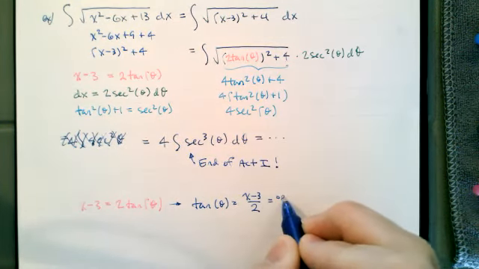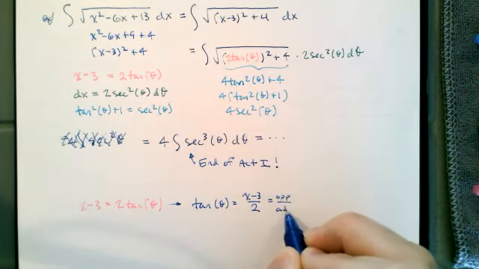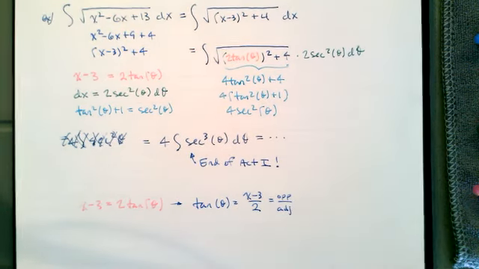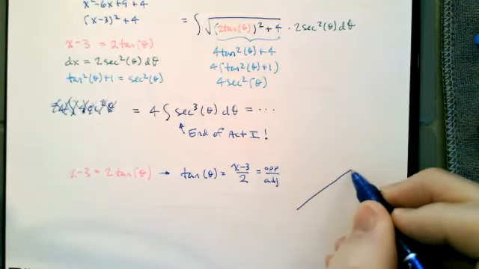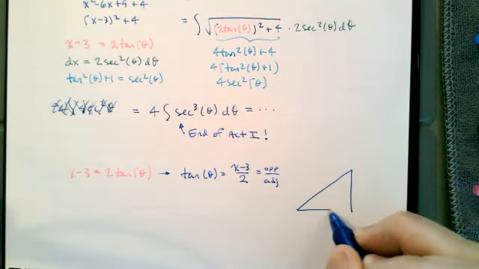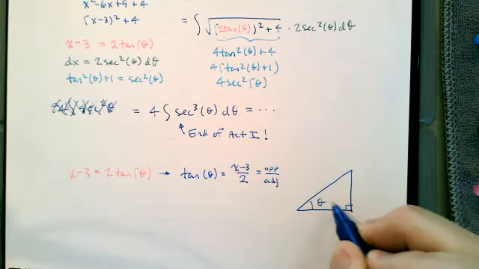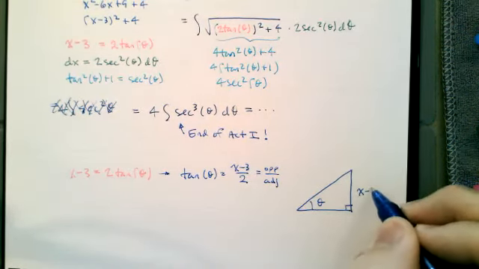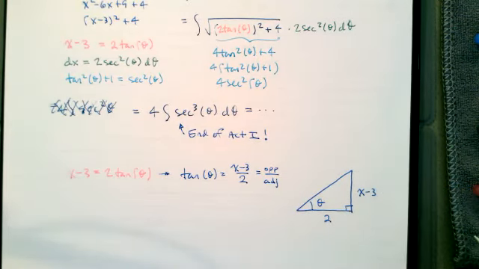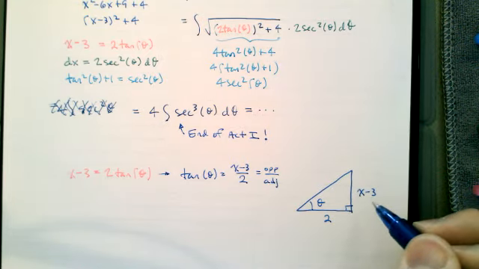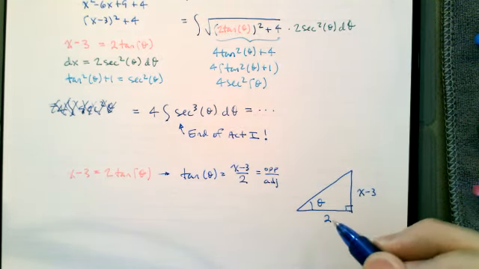And so that's going to be the opposite and the adjacent in the right triangle, with an x minus 3 opposite and a 2 adjacent. We need to solve for the hypotenuse. The hypotenuse is going to be the square root of x minus 3 squared plus 4.